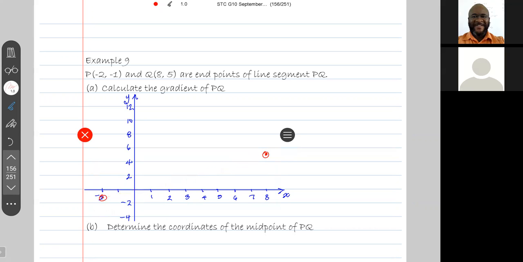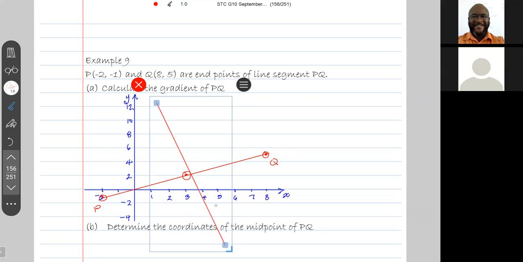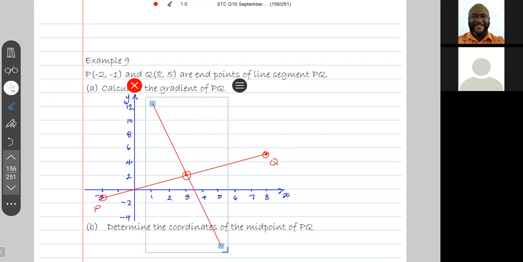So this is the straight line PQ. The middle of PQ would be somewhere around 5, 2. That's the middle. And through the middle, you're going to have a line perpendicular to it that passes through the middle. I don't know if this looks perpendicular. It's hard for me to judge perpendicular sometimes.